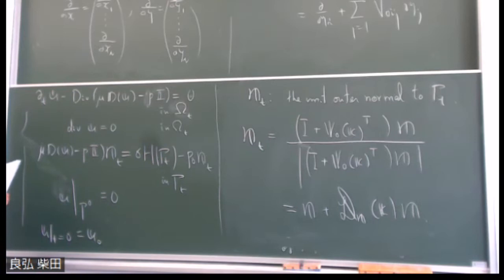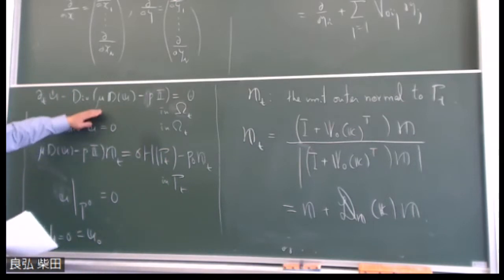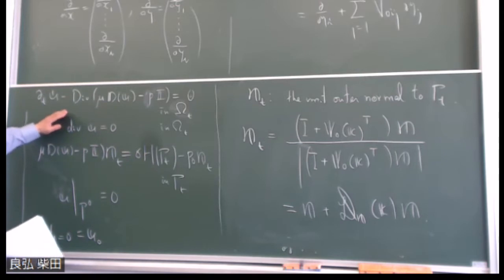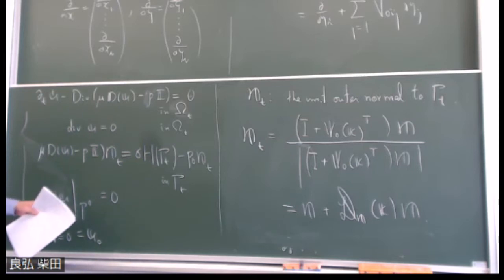Maybe I don't know the future. My talk is concerned with the local in time unique existence of solutions to the Navier-Stokes equation, and global in time existence of small solutions for large time.